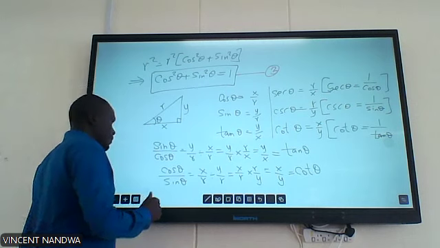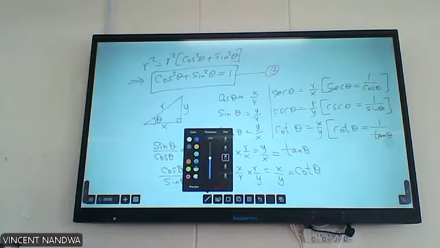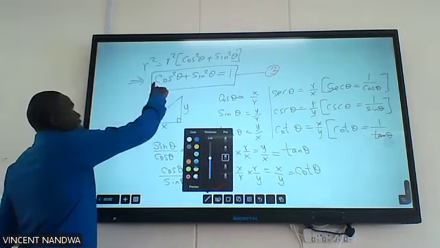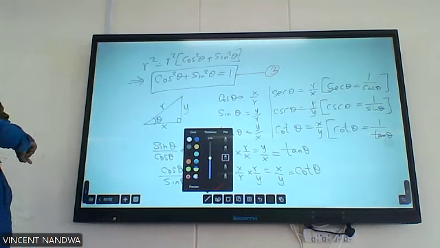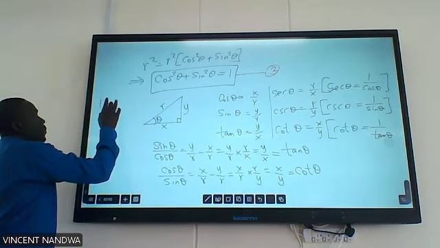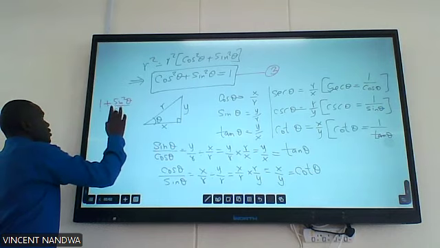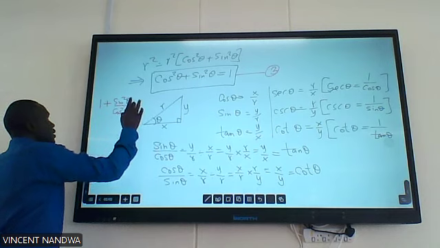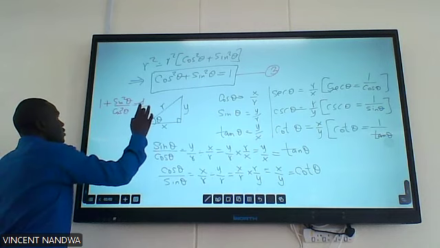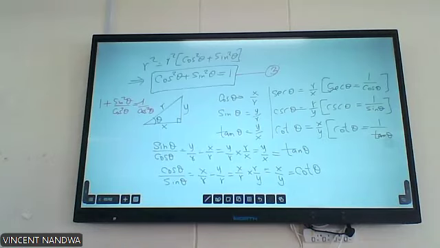So from 3, if I decide to divide this by cos squared theta, then I'll have 1 plus sine squared theta over cos squared theta equals 1 over cos squared theta.